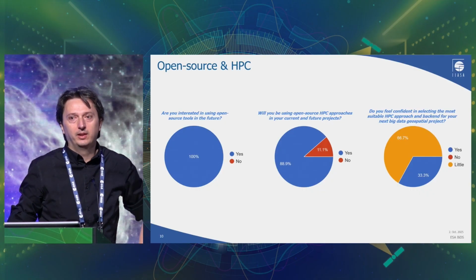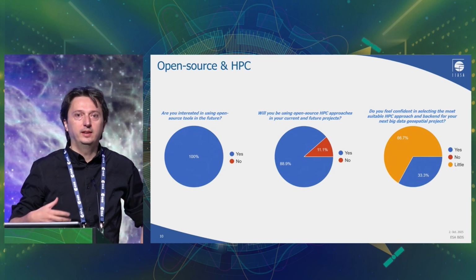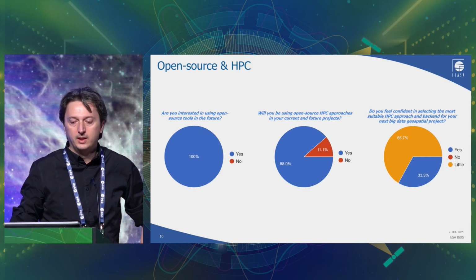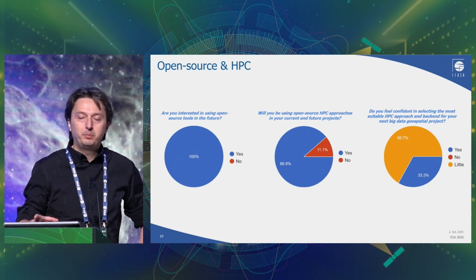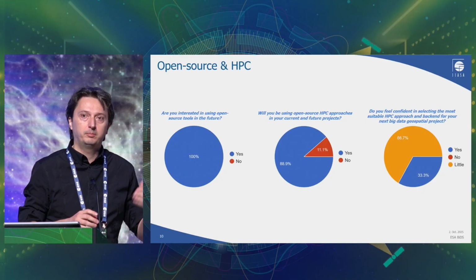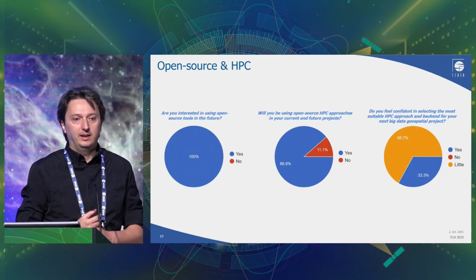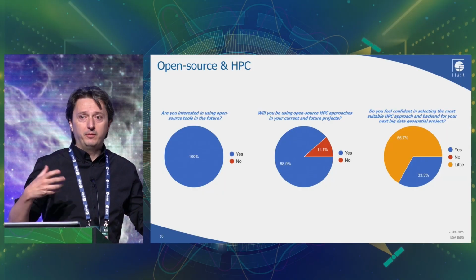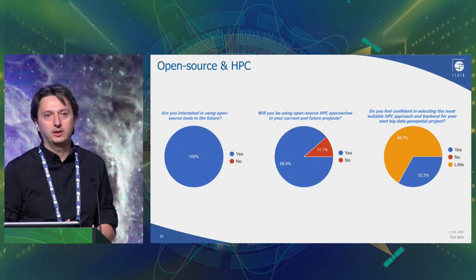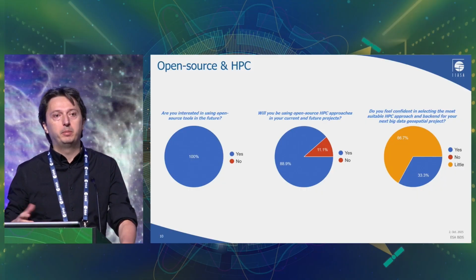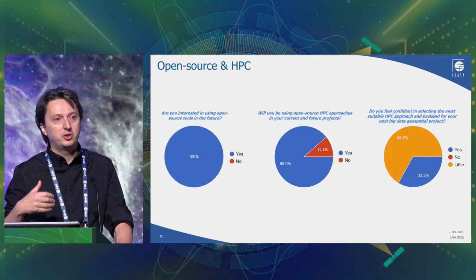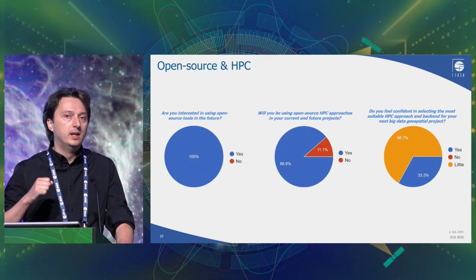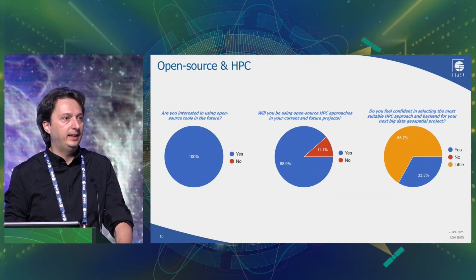Here I just wanted to highlight their perception again on open source tools and data. So of course, they are all interested in continuing using open source tools and data. For HPC, as I already showed in previous slides, it's a little bit less, but they are still quite positive about those approaches. And one of the goals of the hackathon was to enable them, because they were all novices with HPC approaches, to select an appropriate HPC approach for their next big data project.